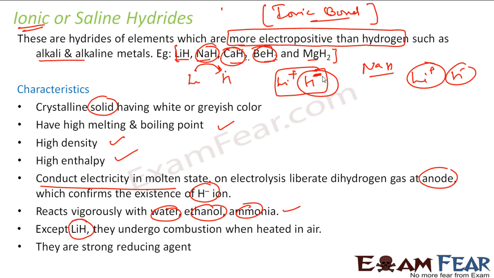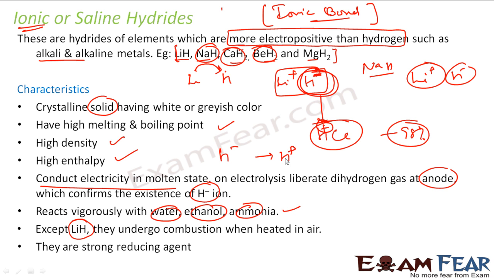Why strong reducing agents? Because hydrogen has an oxidation state of -1 here. Typically in about 98% of cases, hydrogen has an oxidation state of +1. So hydrogen is more happy with +1 than -1. H- is not very stable, and H+ is very stable. Why? Because H- has 2 electrons, whereas H+ doesn't have any electron.